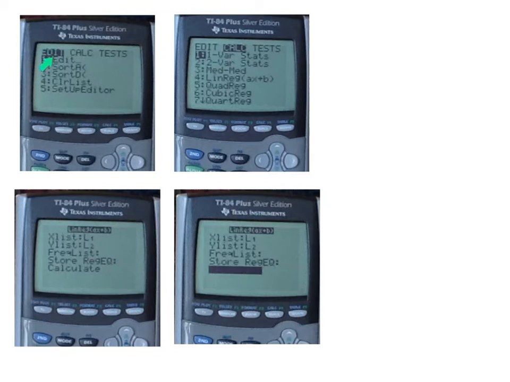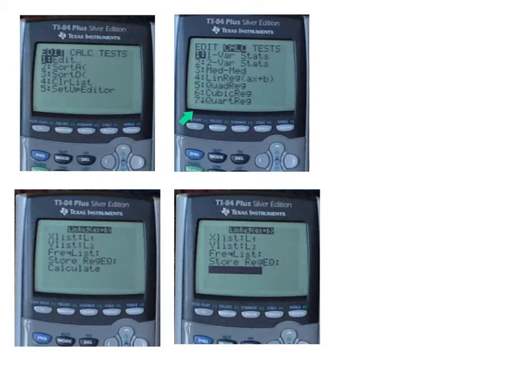This time, notice up here at the top, we were in Edit, and there's also the option for Calculate. That's what we want, to calculate our equation. So using your arrow key, scroll over one to highlight the word Calculate. When it's highlighted, we have all the choices of the kinds of functions to calculate. This is where it was very important to know we were dealing with linear, because look at all the different choices.